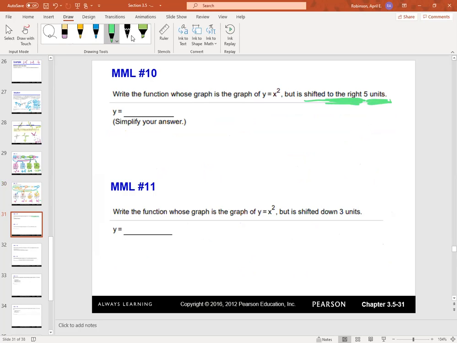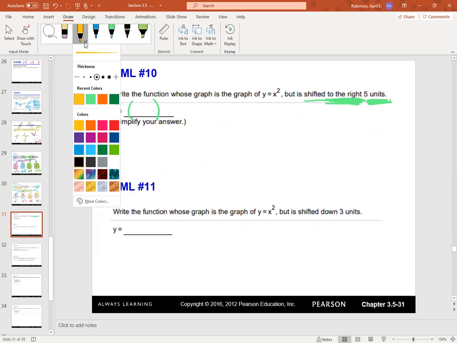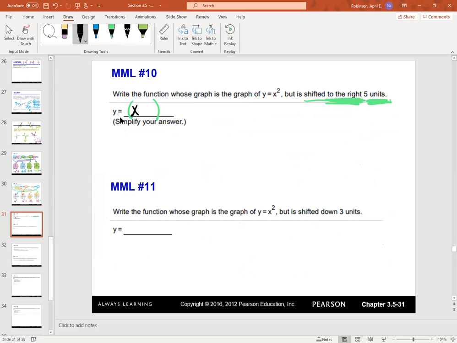Remember, if you go left or right, it's got to be with the x on the inside. So here's the x. Since I'm going to the right 5 units, inside, that would be a -5. So my answer should be (x - 5) in parentheses squared.